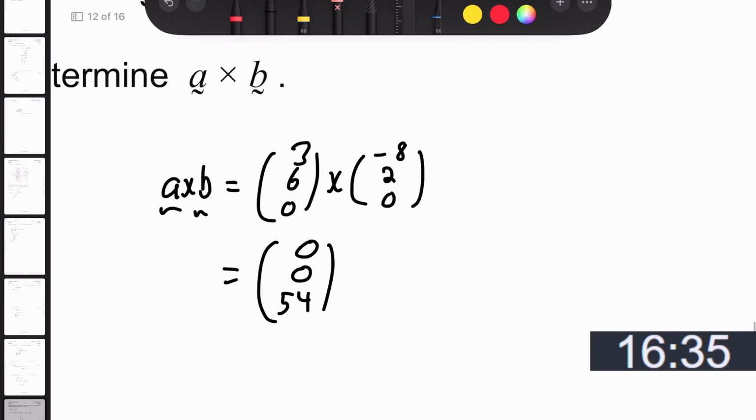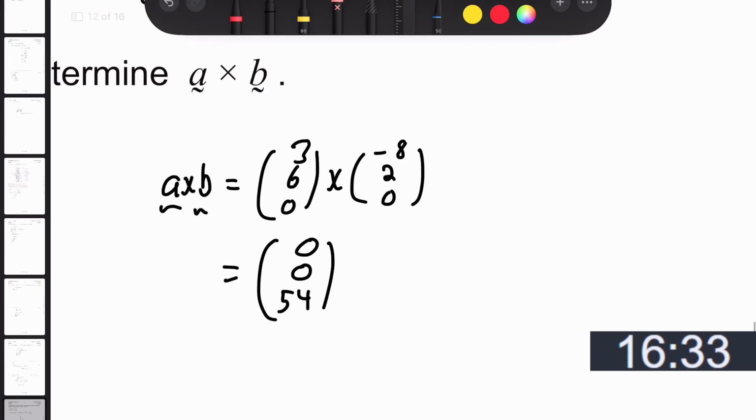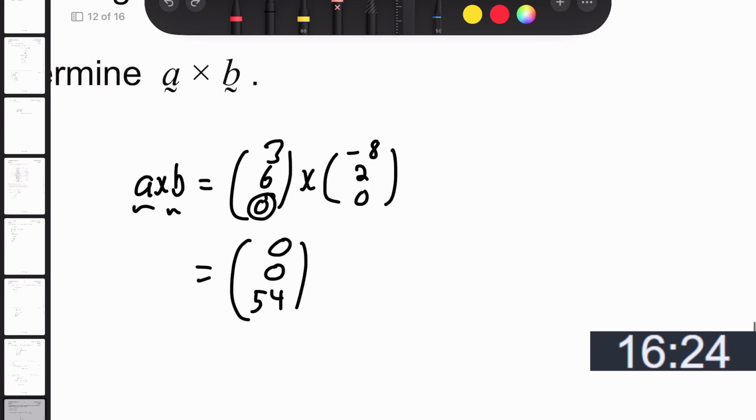The top row is A2 B3 minus A3 B2, yep. The second row is A3 B1 minus that one. And then the last row is A1 B2 minus A2 B1, so it's 6.